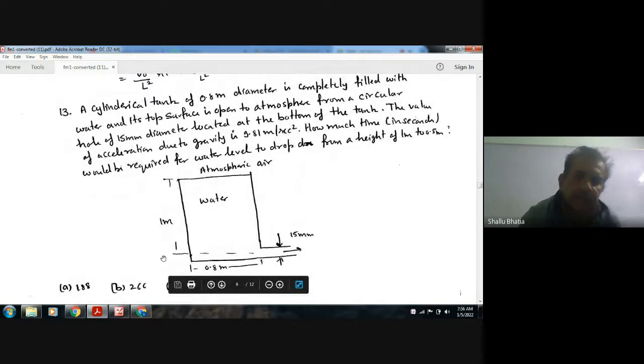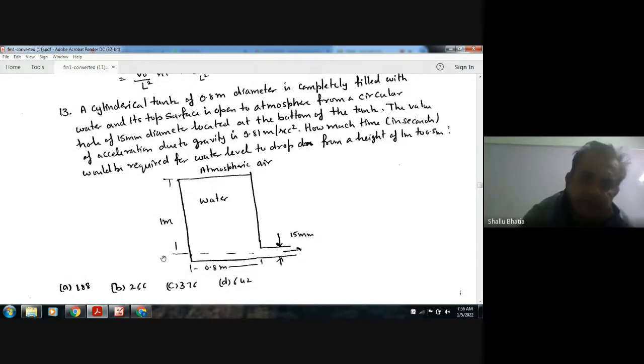A cylindrical tank of 0.8 meter diameter is completely filled with water and its top surface is open to atmosphere. Water is discharged from a circular hole of 15 mm diameter located at the bottom of the tank. The value of acceleration due to gravity is 9.81 meters per second squared.